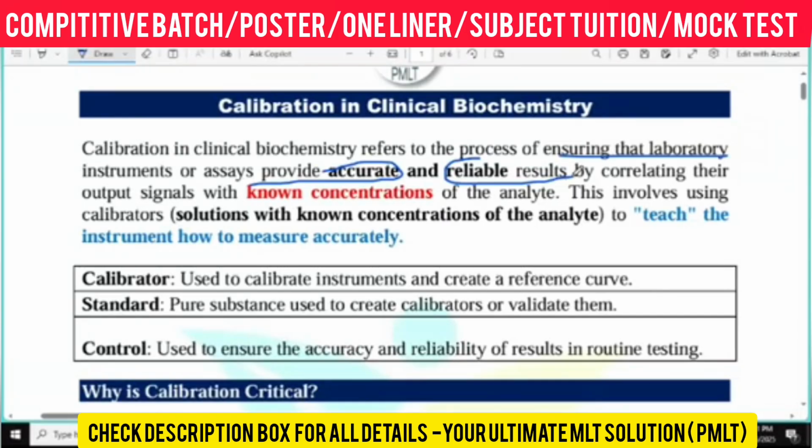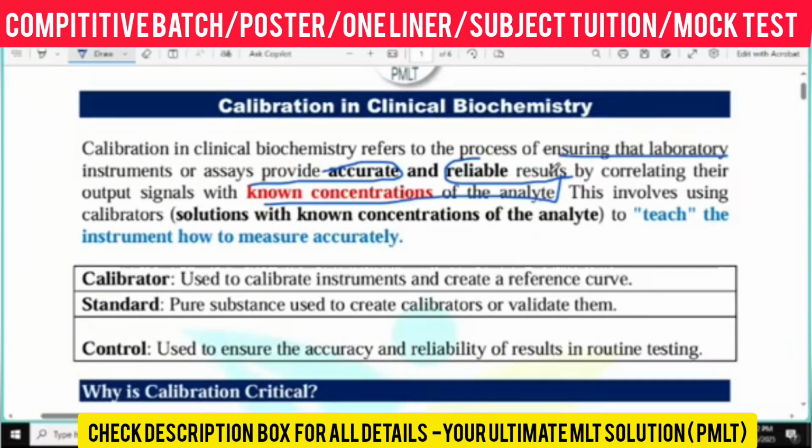Reliable means dependable: whatever result your instrument gives, the patient can easily depend on it. Then, the output signal is measured with a known concentration of the analyte. There should be some known concentration of the analyte. We will use this known concentration of analyte to understand the mechanism of the machine.